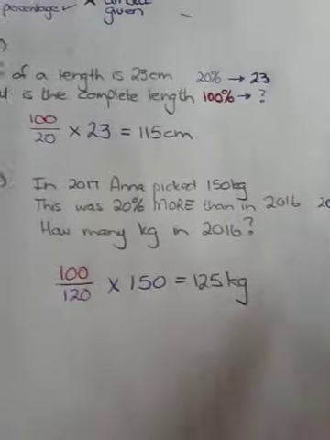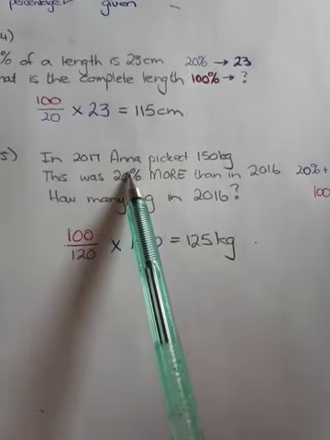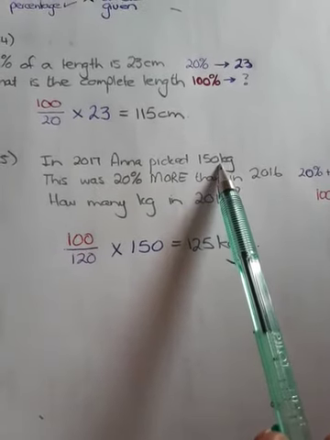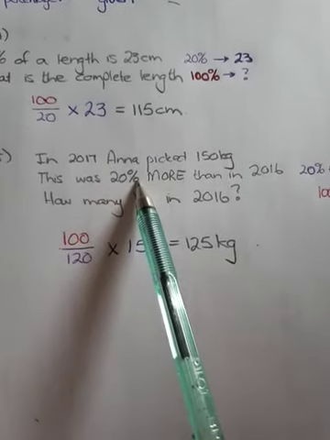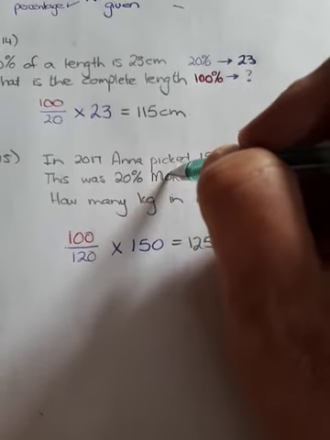If we look at the second example, which is a bit more complicated, they say that Anna picked apples in 2017 and that was 150 kilogram. This was 20% more than in 2016. Don't ignore the more.